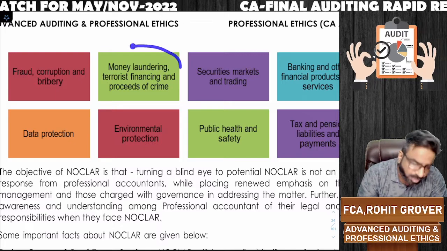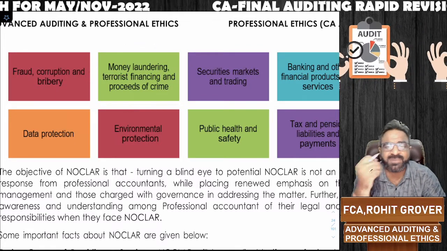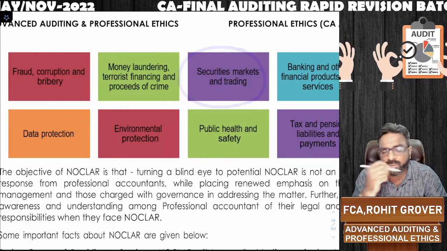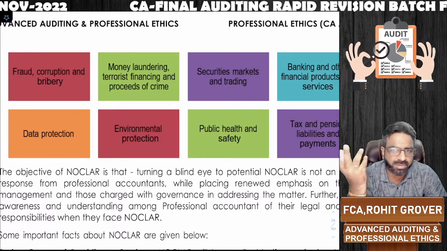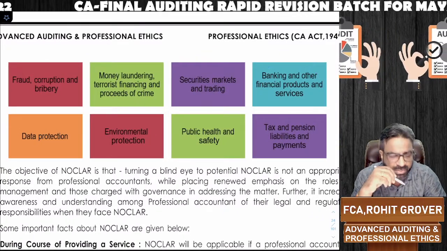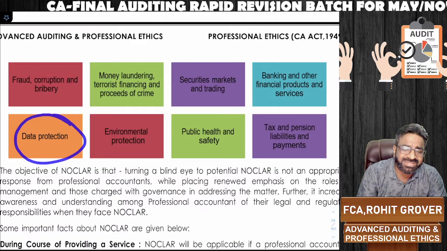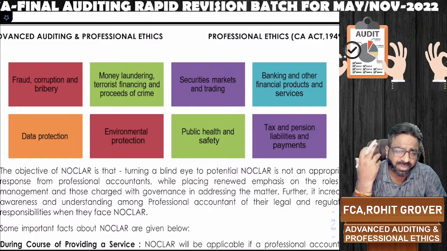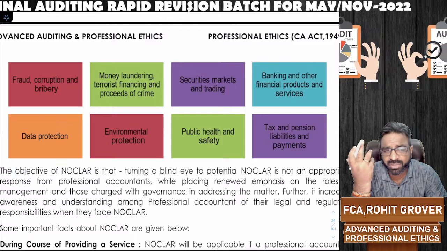We are going to report NOCLARs relating to money laundering, terrorist financing and proceeds of crime. We are going to report NOCLAR relating to securities markets and trading, like insider trading. Banking and other financial products and services NOCLAR. We are also going to report any NOCLAR relating to data protection.